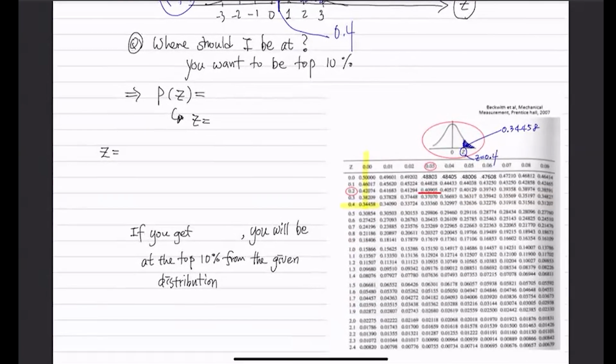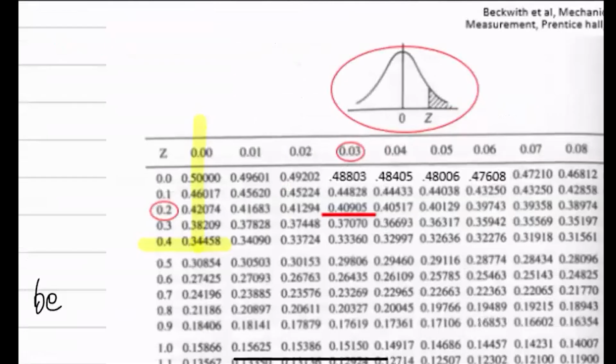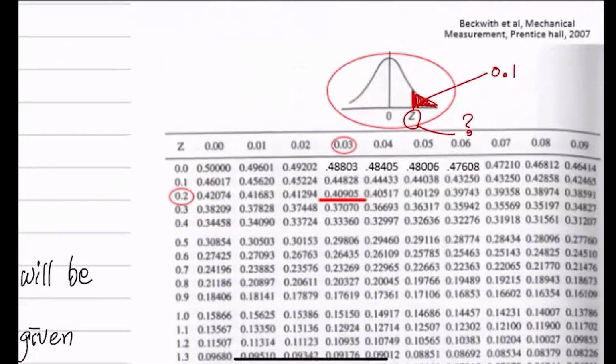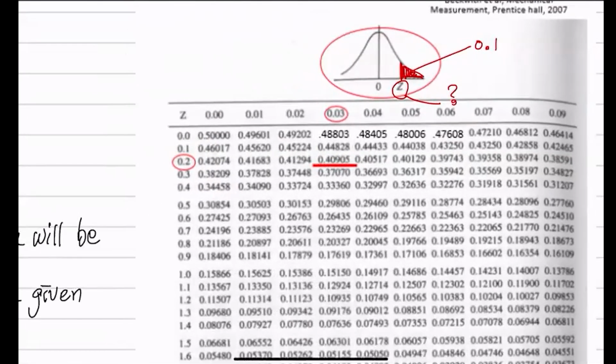And there also can be another question. Okay, so where should I be at? You want to be in the top 10% of this class. What you want to do is you want to make this area 0.1. And you want to find out that Z. Okay, so 0.1 is here, this one.